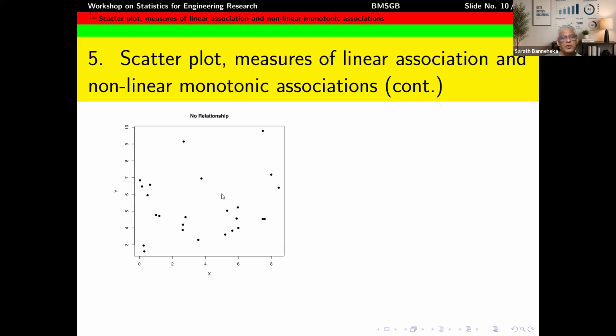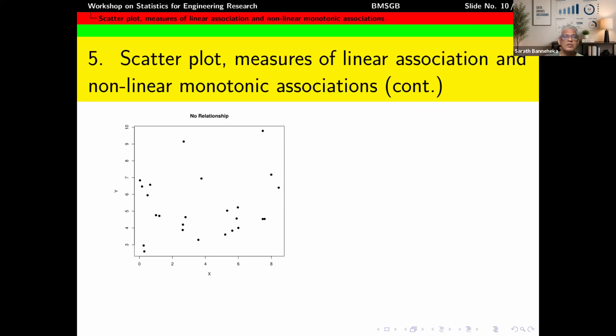The only thing you can see is that these points are around some horizontal line. So in this kind of situation, we say there is no evidence of a relationship. There is no evidence of a linear relationship, or of a non-linear relationship.